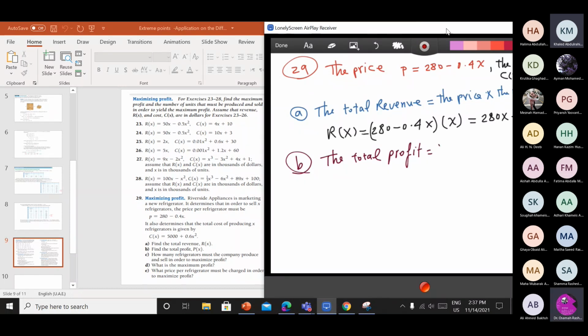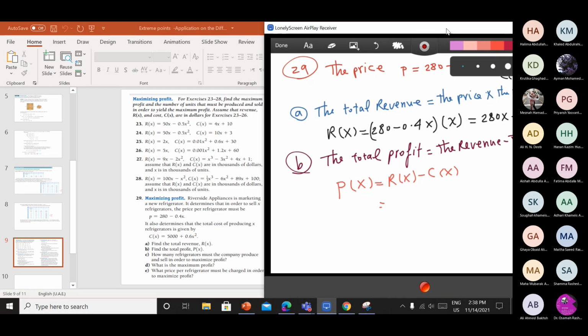It will be equal to the revenue minus the cost, right? This is why he is asking you to find the revenue first. Okay, so the total profit is P of x equal to R of x minus C of x. Now I'm just substituting the revenue.